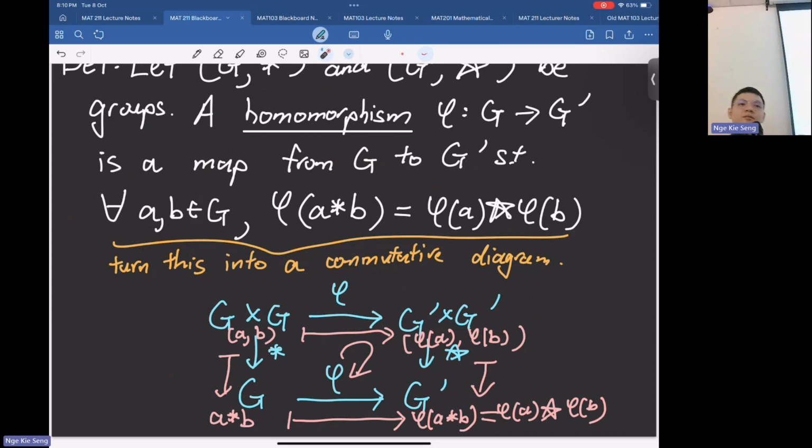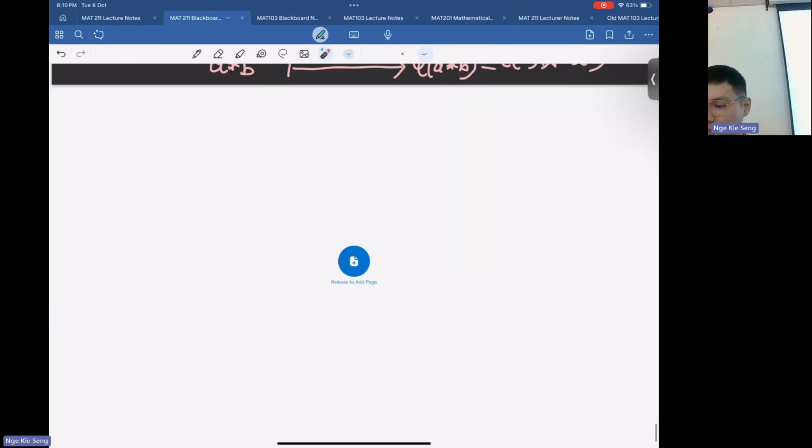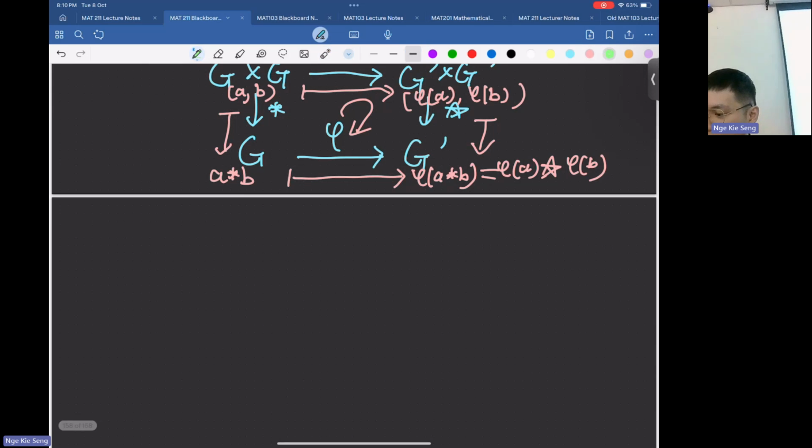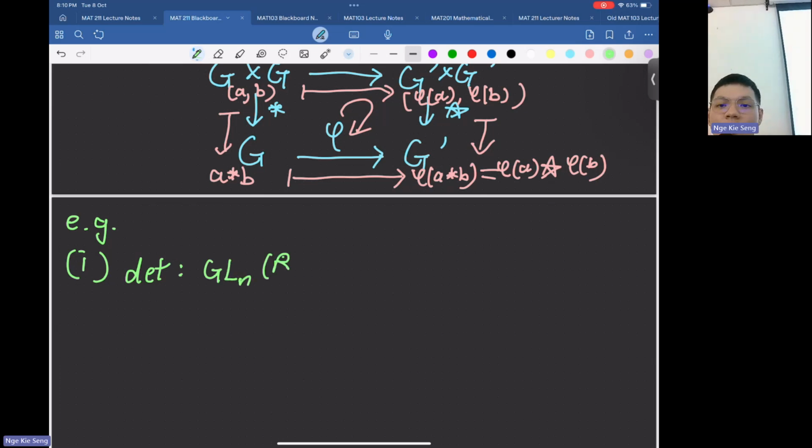Actually, you have seen these homomorphism examples already. So let's give some examples. For example, determinant. The determinant you learn in LA is a homomorphism. Homomorphism from where to where? GL_n(R), the invertible matrices, to the non-zero reals, which is the multiplicative group of real numbers. Correct?